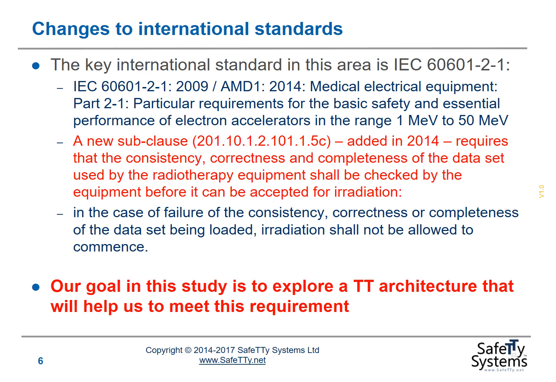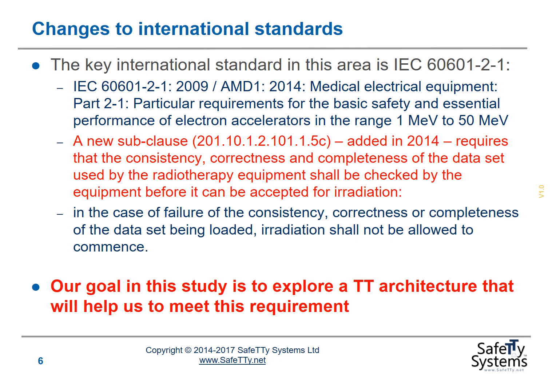Only comparatively recently, in 2014, has a new subclause been added to this standard that requires that the consistency, correctness, and completeness of the dataset used by radiotherapy equipment shall be checked by the equipment before it can be accepted for irradiation. It does seem quite remarkable in many ways that this has only been added in 2014. In the case of failure of consistency, correctness, or completeness of the dataset being loaded, irradiation shall not be allowed to commence through this kind of equipment.